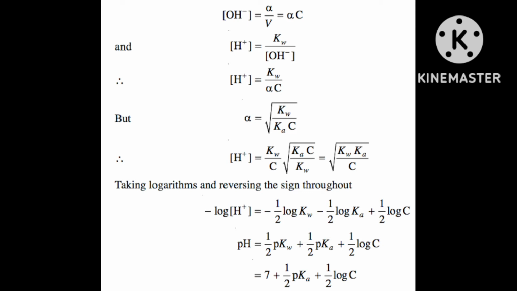If the pKb value is more than pKa, then it will be negative, so the pH will be less than 7, because it is 7 minus something. Hence the pH value will be less than 7, that is, the solution will be acidic.